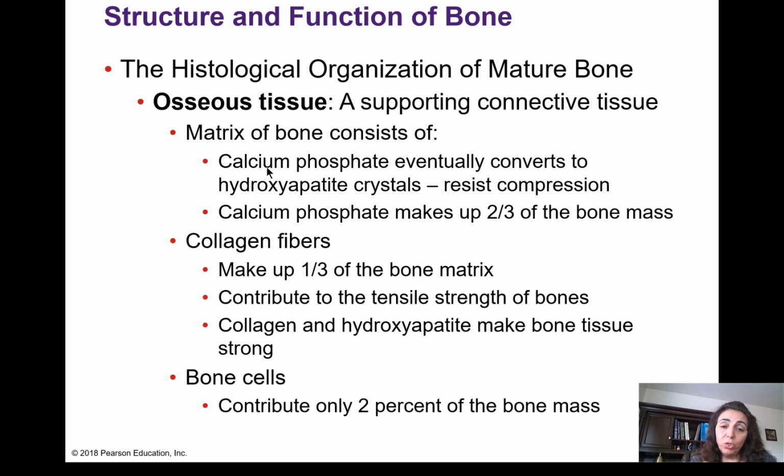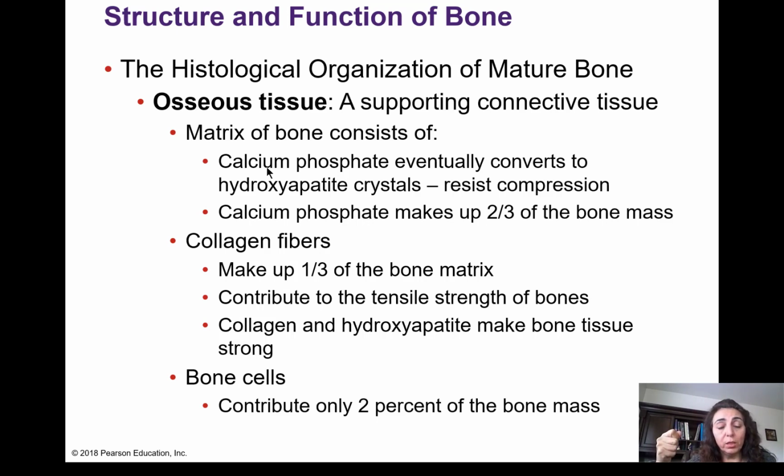So most of the bone mass is this calcium phosphate, and that makes the matrix very solid, right? Then besides calcium phosphate, we have collagen fibers that make about the other 1/3 of the bone matrix, and these contribute to the tensile strength of the bone so that it is not loose or flexible.